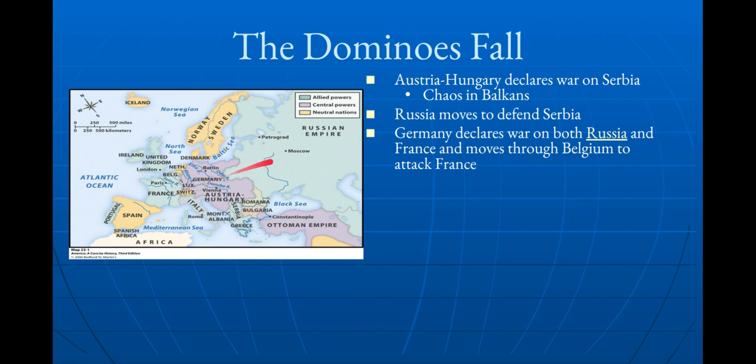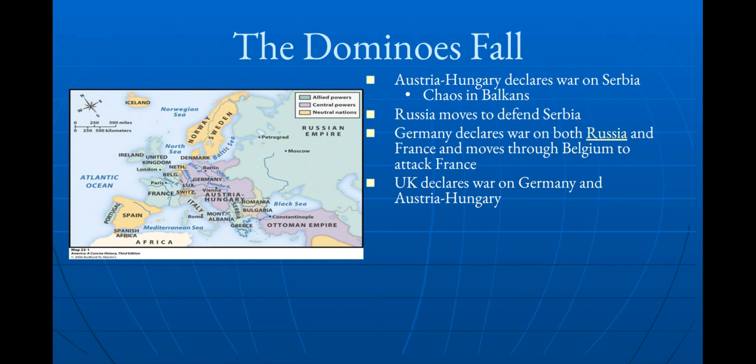And so they know that if they declare war on Russia, Russia will attack them, and then France, allied with Russia, will attack them here, and then they will be surrounded. So Germany declares war on Russia and then attacks France and declares war on France because they're activating the Schlieffen Plan. All of this happens in the space of days in early August 1914.